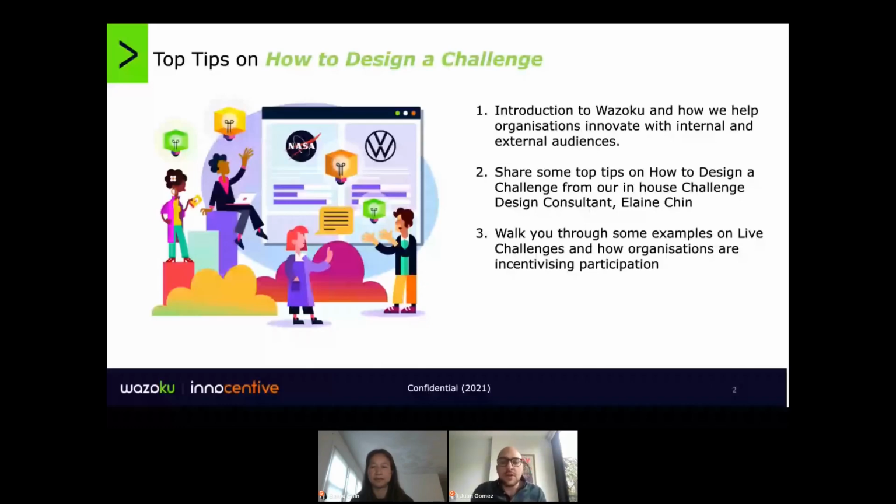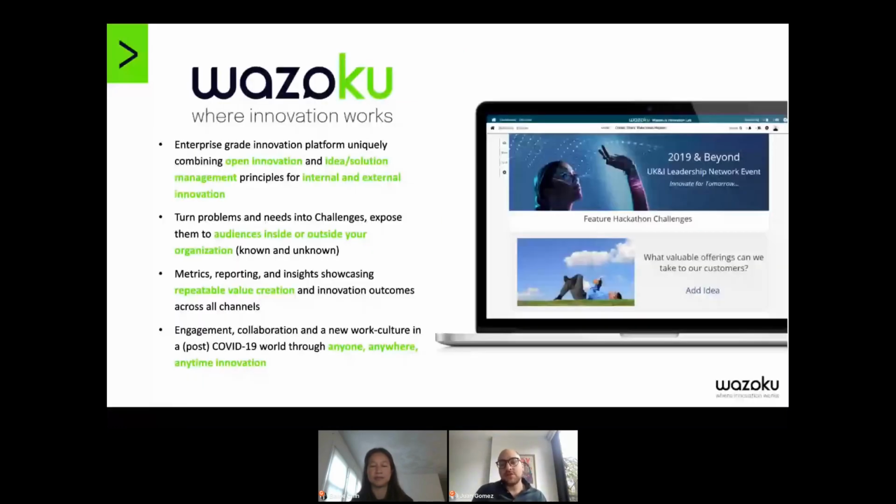So as you know, Wazoku enables organizations to establish and run innovation process at scale, letting them run challenges to solve problems they're facing, using crowdsourcing of ideas, solutions, and projects from internal and external audiences, or even suppliers, ecosystem stakeholders, clients, or unknown people in our community.